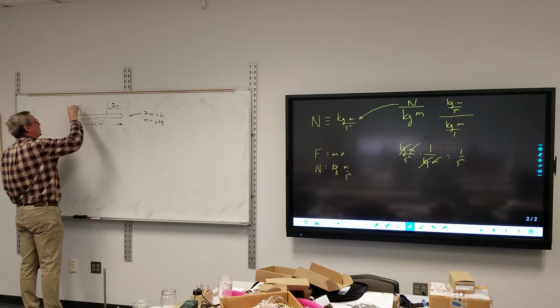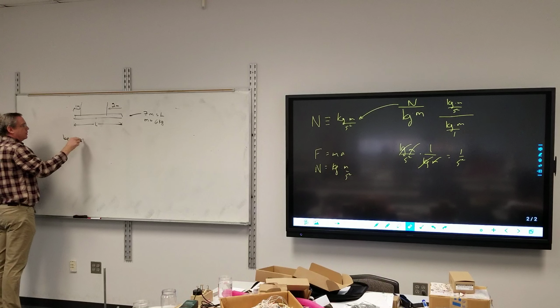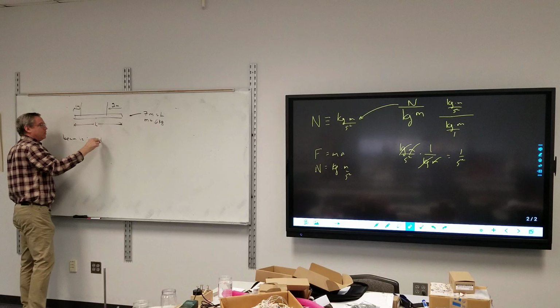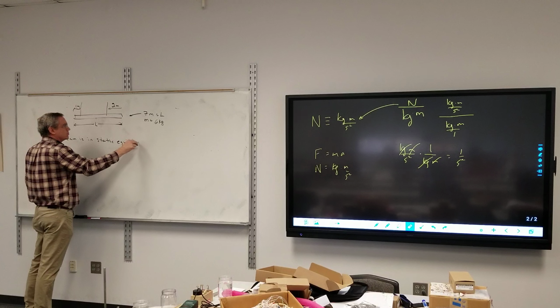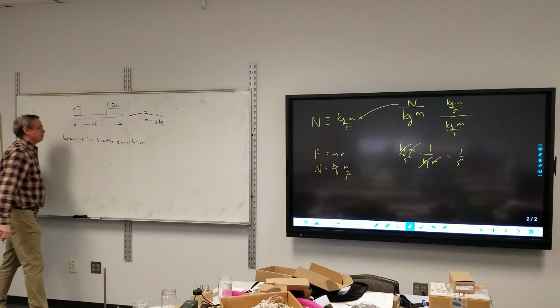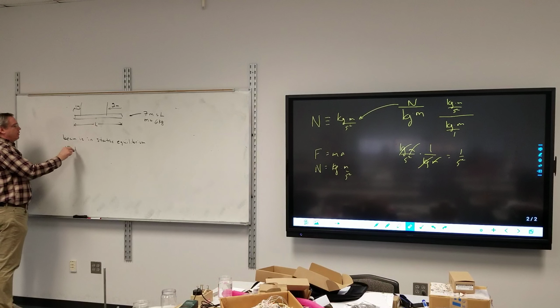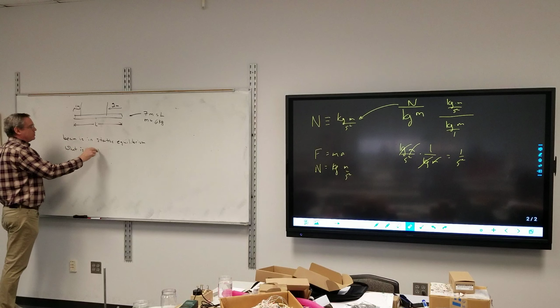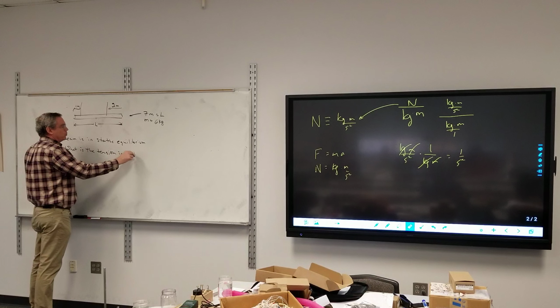That distance there 1 meter. This beam is in static equilibrium. What is the tension in each rope?